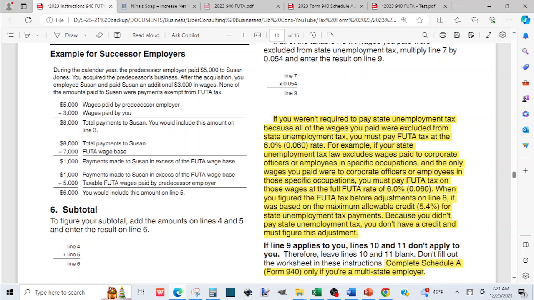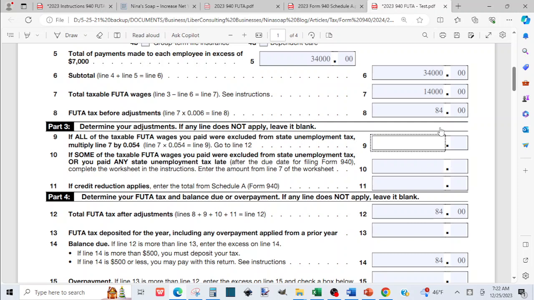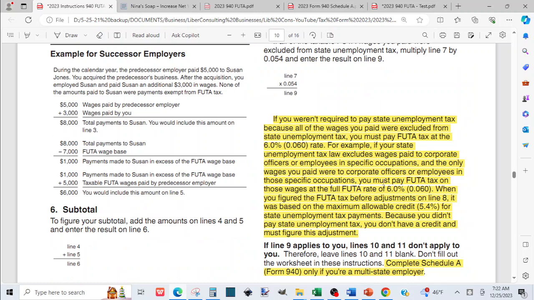When you figure the FUTA tax before adjustment on line 8, which uses line 7, the total FUTA wages, times 0.6%, it was based on the maximum allowable credit of 5.4% for state unemployment tax payment. Because you didn't pay state unemployment tax, you don't have a credit and must figure this adjustment.